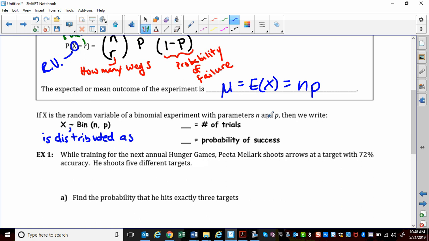Remember, N is the number of trials and P is the probability of success.